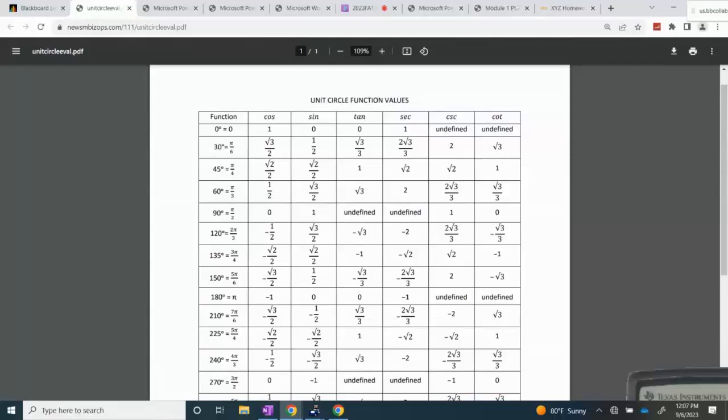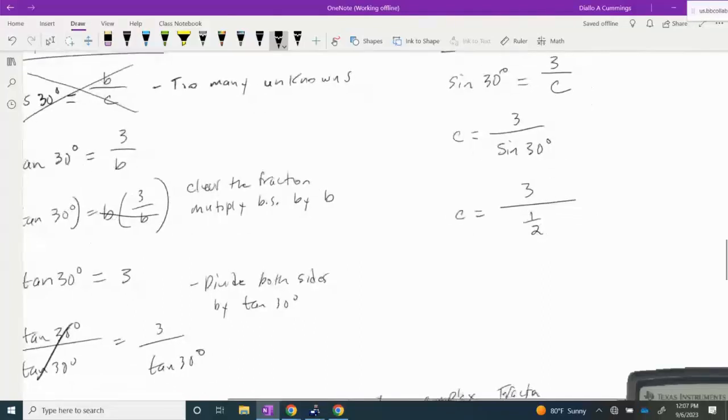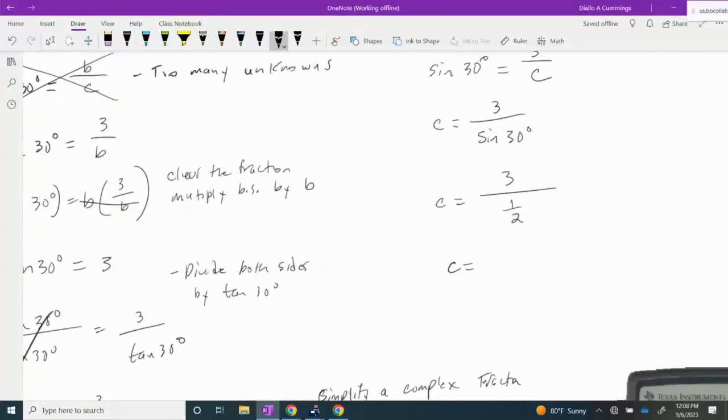So I'm going to substitute the sine of 30 with 1/2. And I'm going to do the same thing. So I'm going to make that 3 over 1. Right? So I'm just changing 3 to a fraction, 3 over 1.